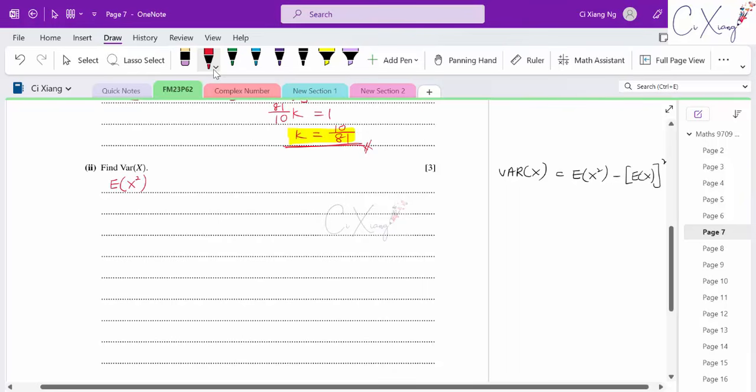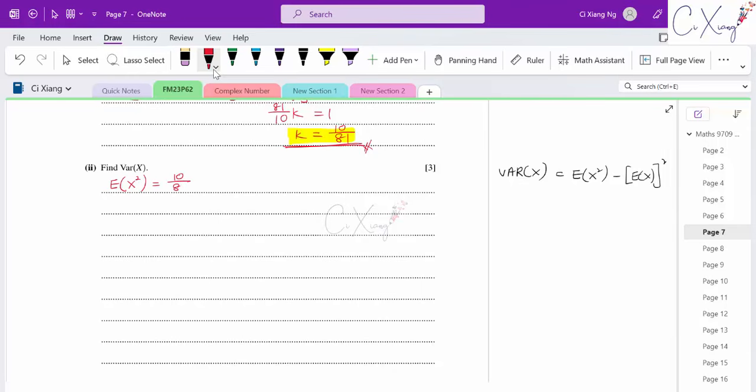The expected value for x squared, basically it is the integration of x squared multiplied with the function f. The x squared originally will become x power 4 because you multiply x squared with x squared. So you have x power 4, and then with 3 minus x squared, I straight away expand it here.